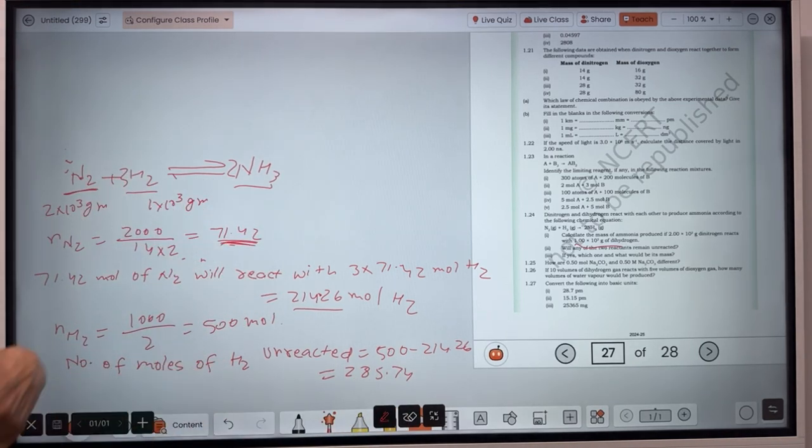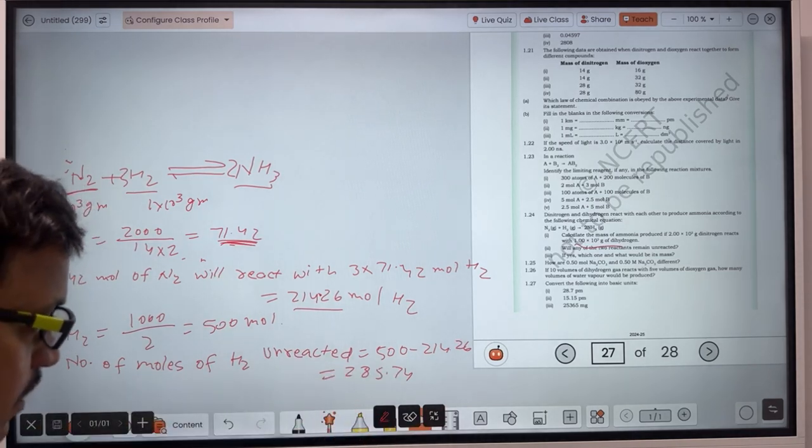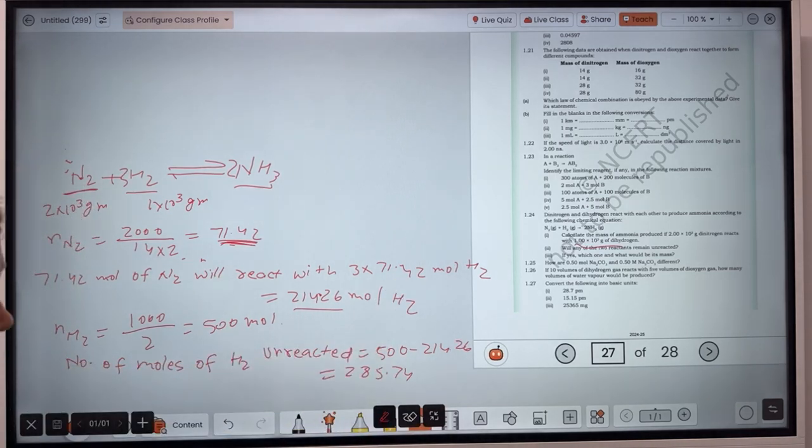This is the number of moles. So its weight will be how much? You can find that out by multiplying by 2, the molecular weight. You will get the weight of hydrogen unreacted.